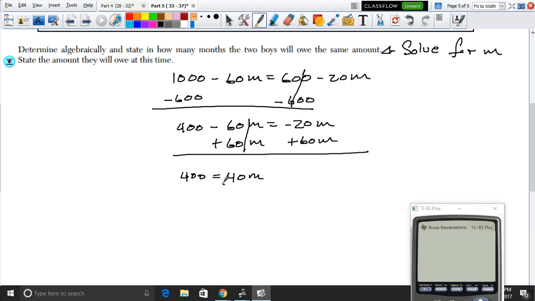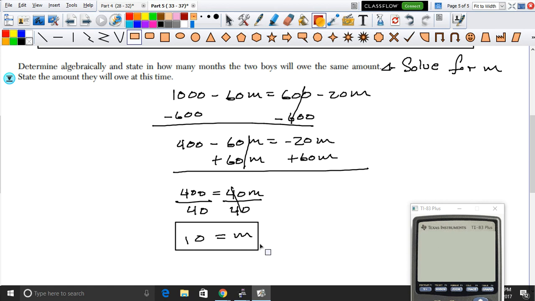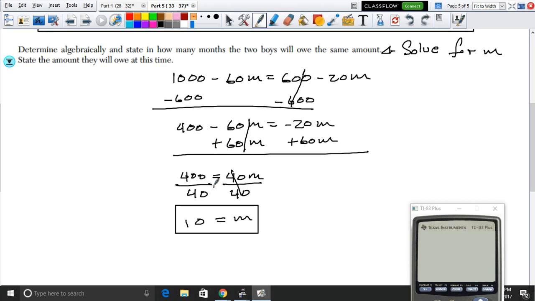To solve for m, we have to divide by 40 now. Cool. So now this is saying that m is equal to 10. So this means that after 10 months, Ian and Ken will owe the same amount of money.